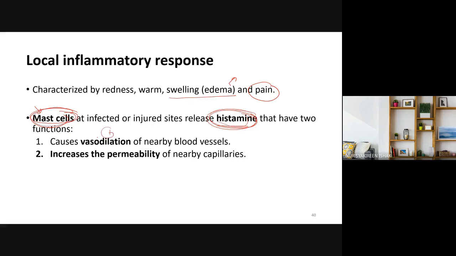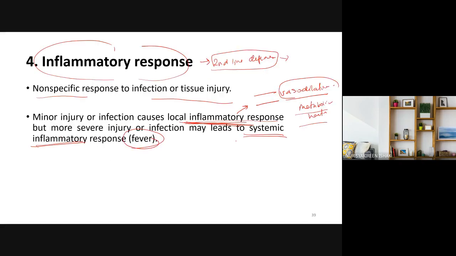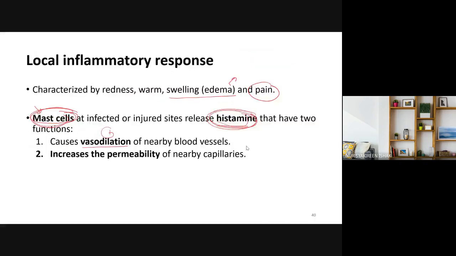One, it causes vasodilation of nearby blood vessels. Blood vessels dilate lah, kan? Dilate, bring more blood to the injured tissue.